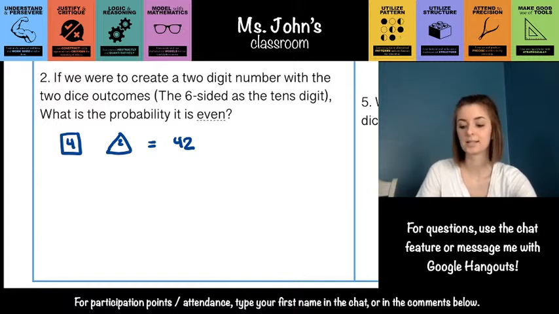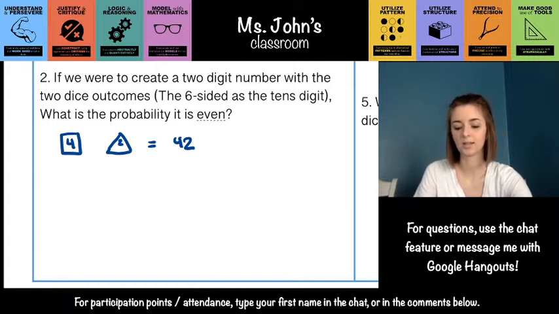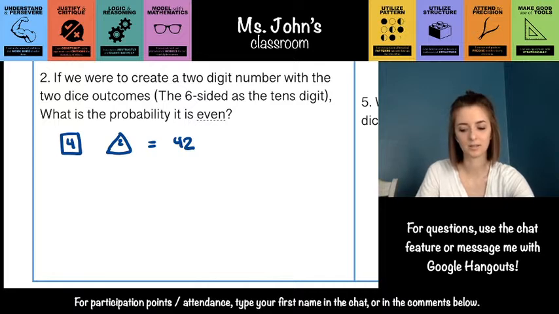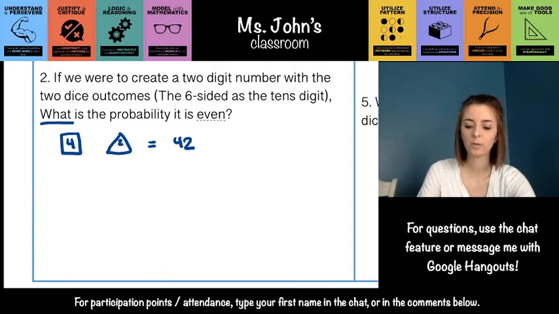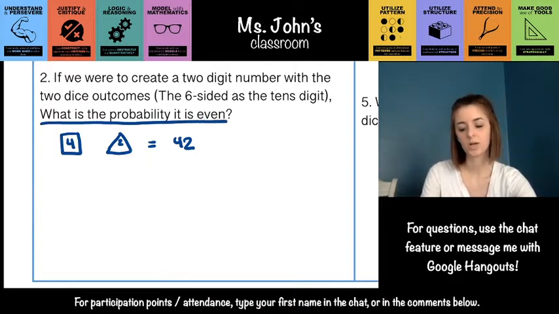So that's what we're doing. The 6-sided die is the 10s digit, and the 4-sided die is the 1s digit. And then what it's asking here is, what is the probability that the number we get is even, which this one is, right? 42 would have been one of those situations where it's even.